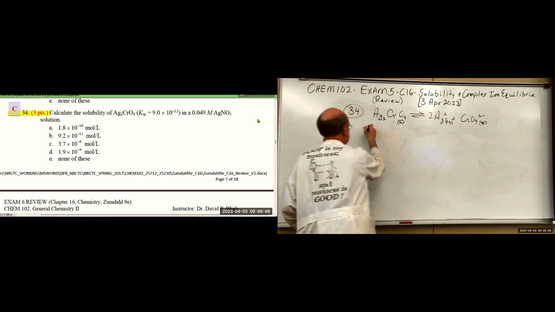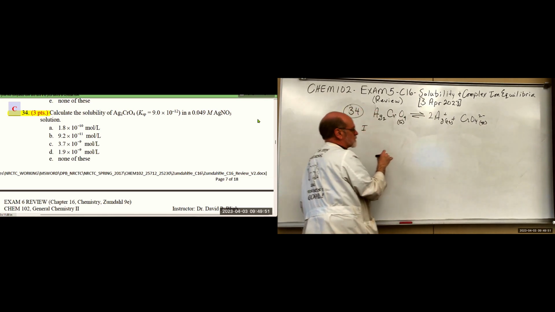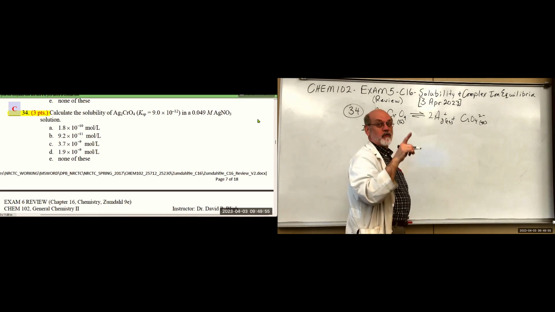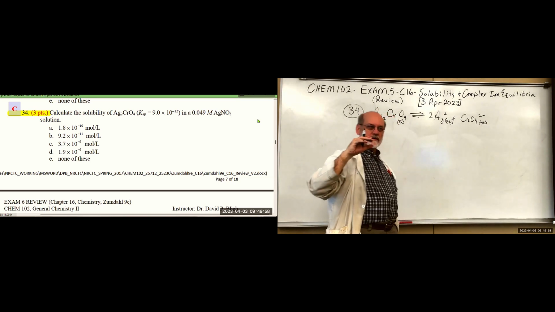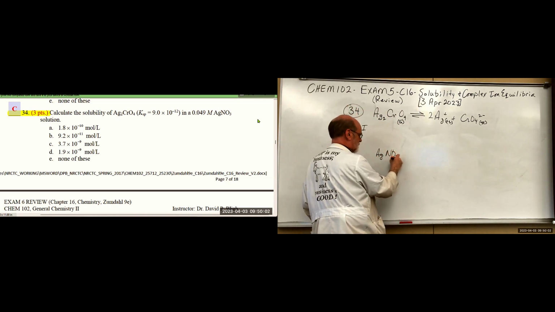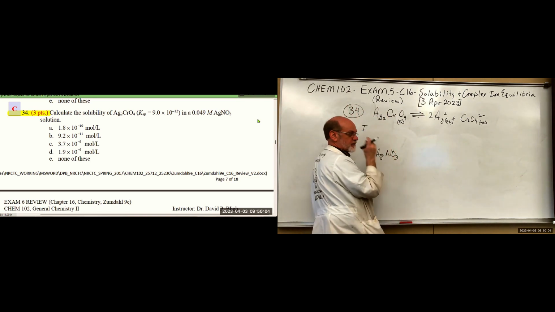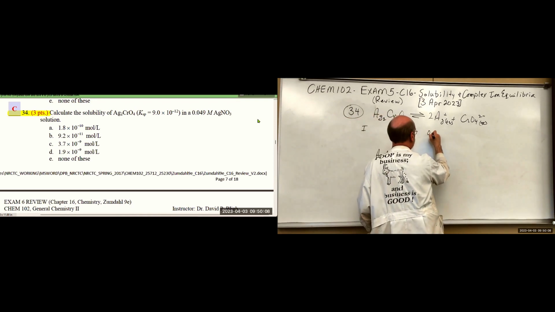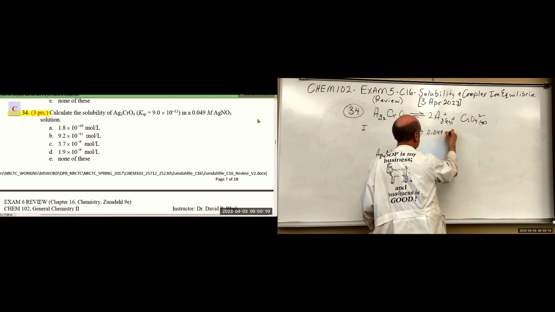Okay. So what's our initial concentration? Well, silver nitrate is at 0.049 molar, so for every one of these, you get one silver. So the silver concentration is 0.049 molar.